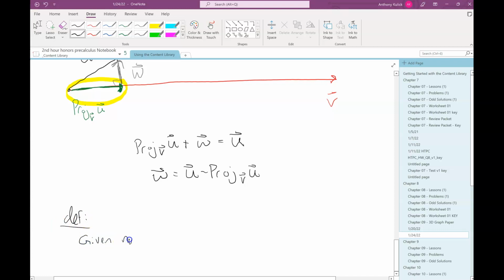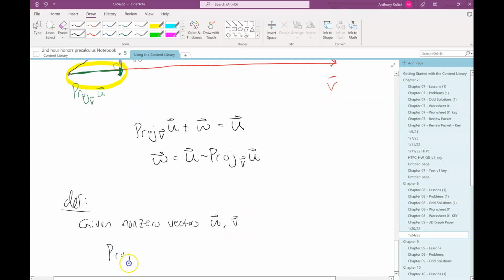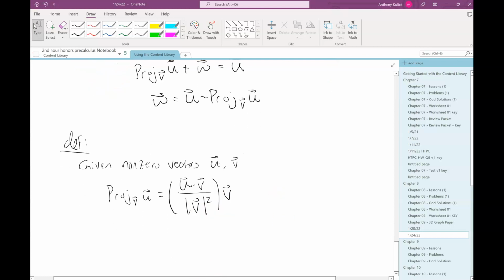If we're given some non-zero vectors U and V, we say that the projection of U onto V is equal to the dot product of U and V divided by the magnitude of V squared times vector V. So that's our formula for how we actually go about calculating that projection.